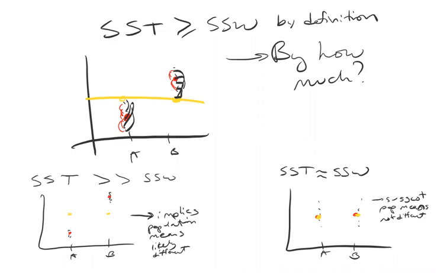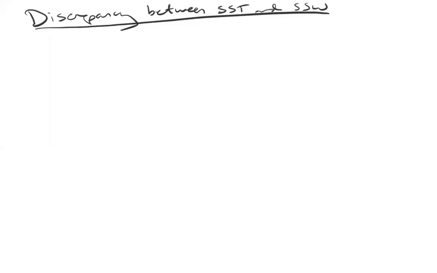If SST is not that much bigger than SSW, that suggests maybe the population means are not different after all. So our next idea is to calculate this discrepancy. This is going to be the discrepancy between SST and SSW.